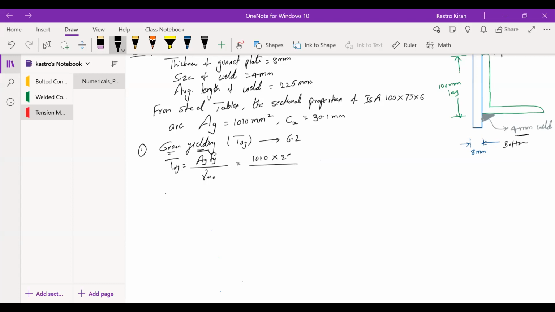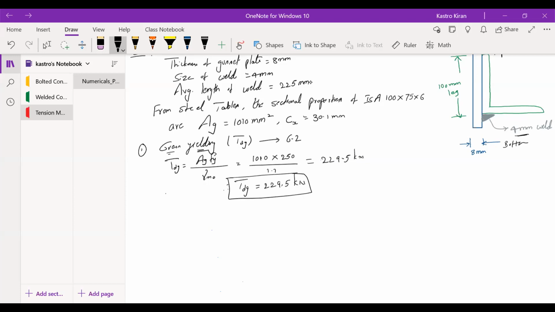Fy is 250, which is fixed, and gamma m naught is 1.1. If you solve this, you will get the TDG value as 229.5 kilonewtons. Therefore, the gross yielding equals 229.5 kilonewtons.